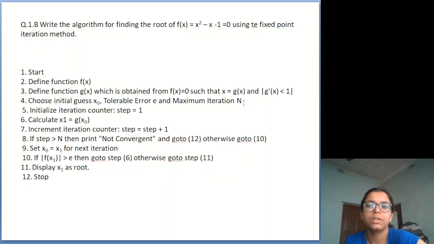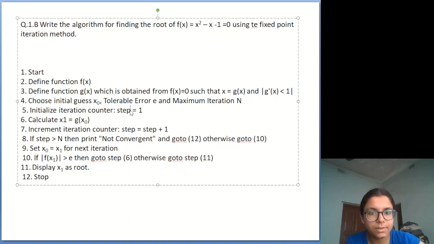Now iteration is the number of times we're going to formulate the answer. And so after doing that, we have to initialize the iteration counter to step equals 1.